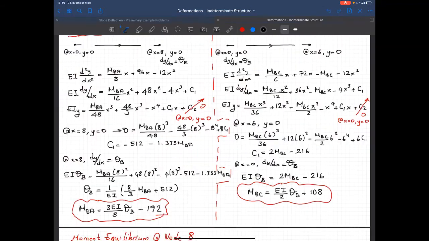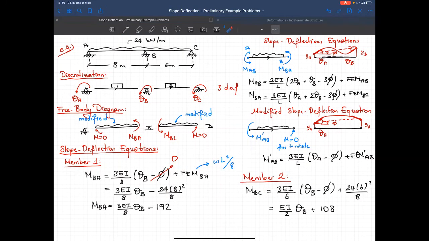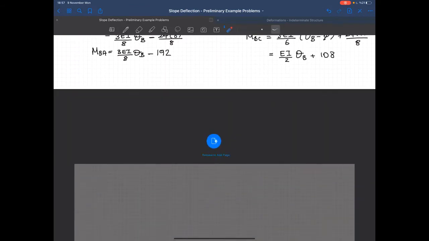Again, if you go back to this example problem, now we obtain this equation with only 2 steps. Now we relate the end moments with the unknown displacements, right? If you just take a look at these 2 equations, I don't have theta A nor theta C in these equations. Why? Because I use these 2 force boundary conditions.